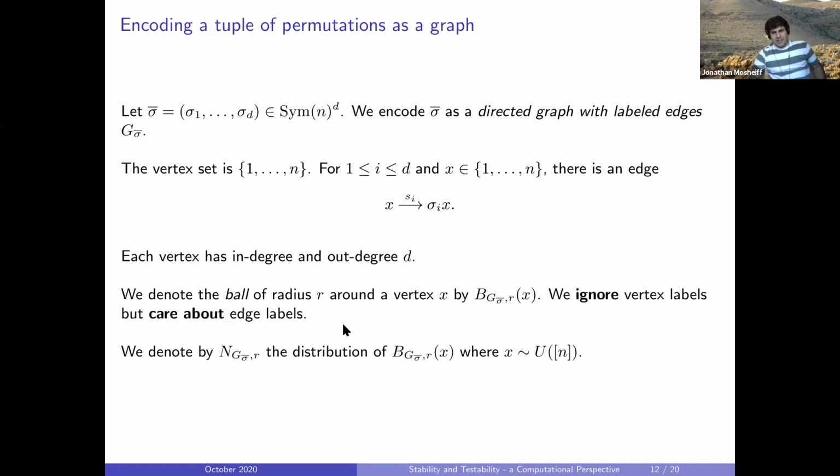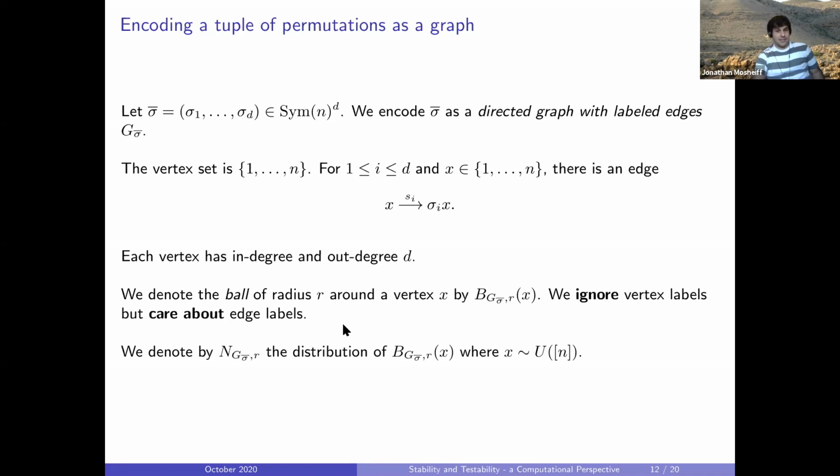And we're mostly going to be concerned with sampling randomly centered balls of some given radius r from this graph. So we're going to denote by N_G,r the distribution of those isomorphism classes.